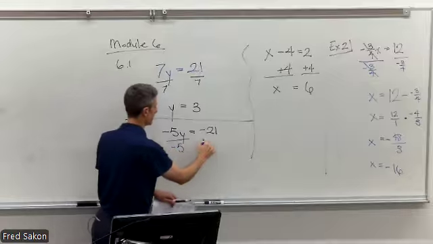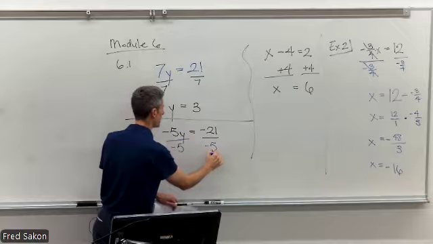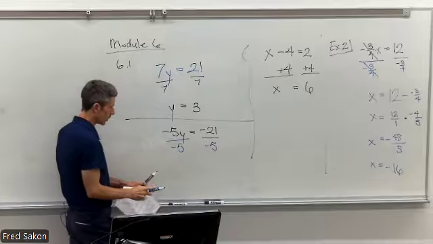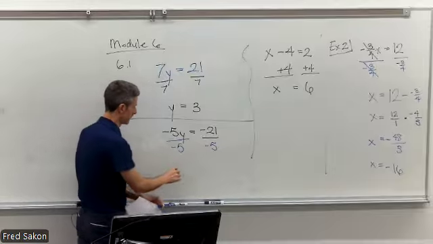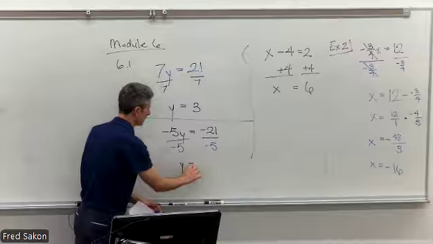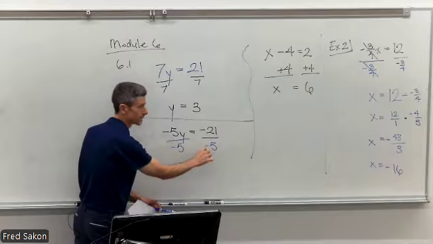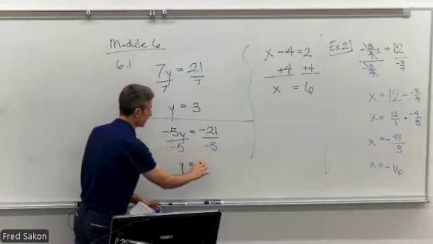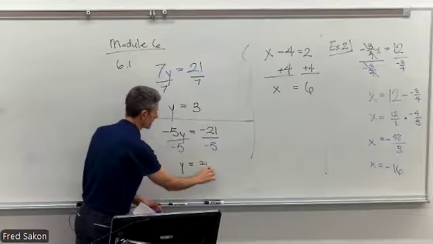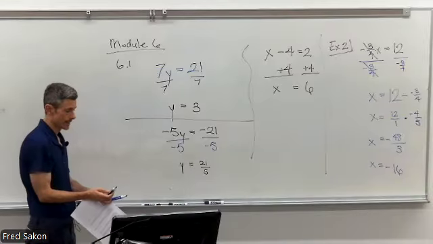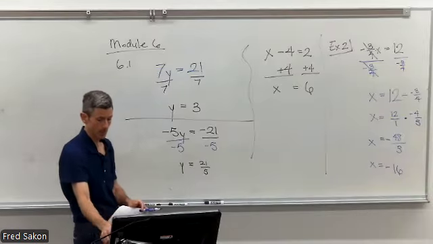Divide negative 5 here, divide negative 5 here, y equal, and we got 2 negatives, so that makes positive 21 over 5. Not as clean an answer there, right?